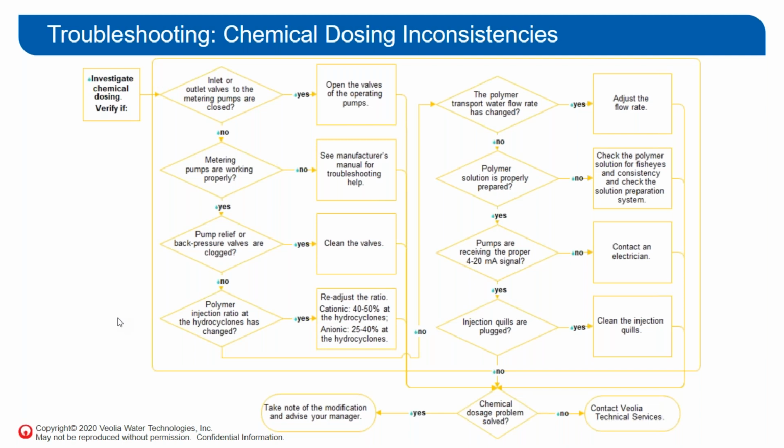So you're not dosing what you think, even though it's flowing through the pump. There are a few different items in here that I like, especially checking your inputs into your HMI, making sure that the capacity of the pump is set in there, as well as injection quills. But yeah, please remember that these are here, is why I include them.